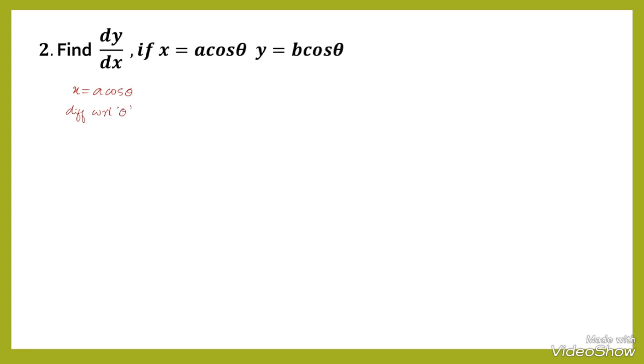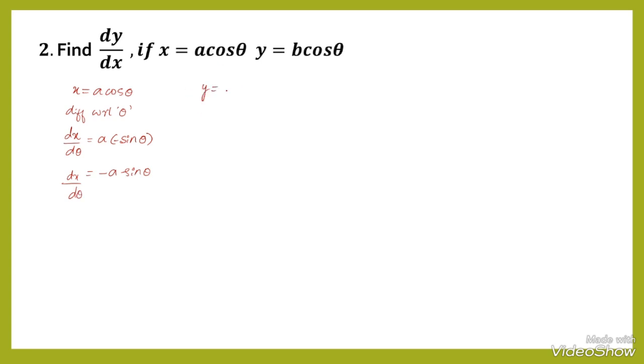Here there is a parameter theta, so I can differentiate. dx by d theta is equal to a, which will be the constant, times differentiation of cos theta, which becomes minus sin theta. It becomes minus a into sin theta. We have dx by d theta is equal to minus a sin theta.